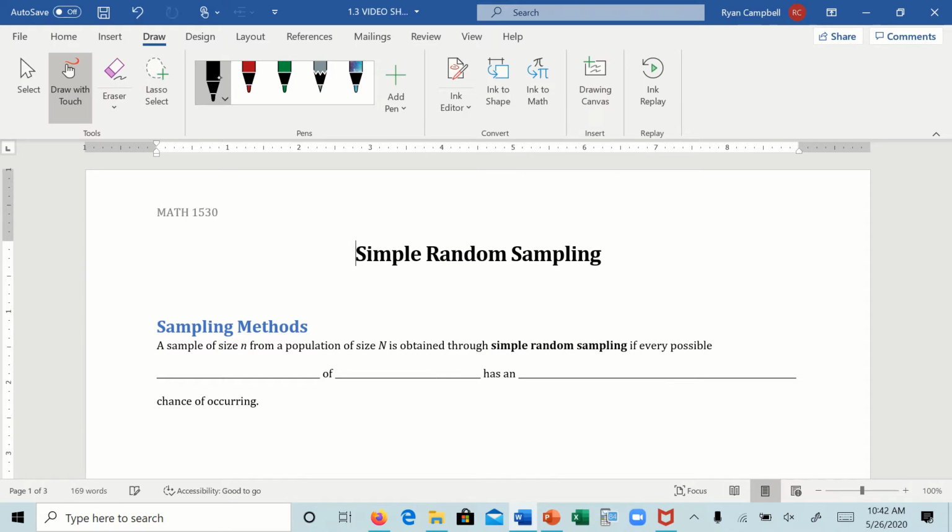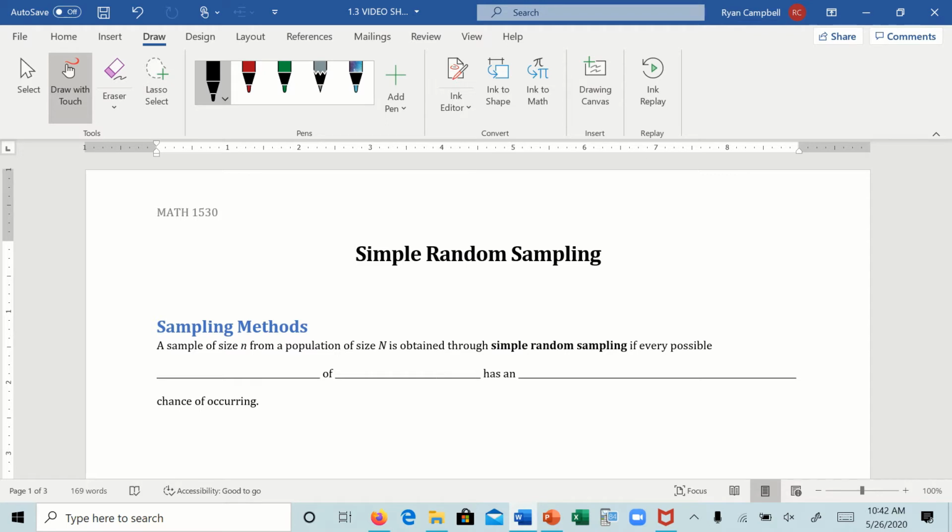So we say that a sample of n people, right? So 2 people, 5 people, whatever, from a population of a big N. So if we have 2 people from the population of people at a community college, or 3 people from the state of Tennessee, or 17 people from the nation, right?